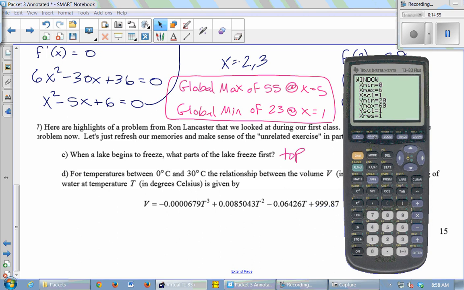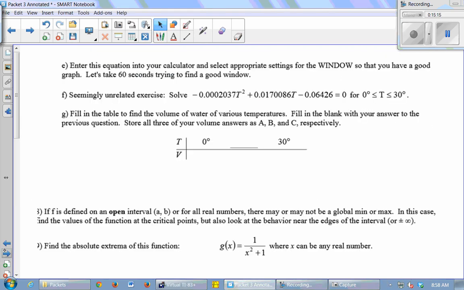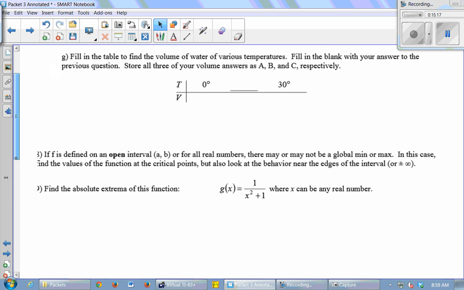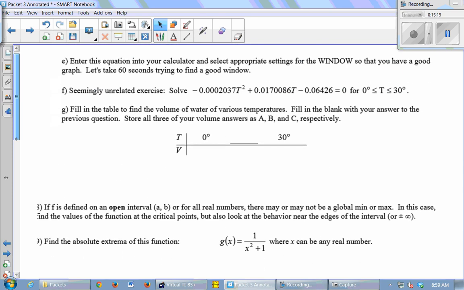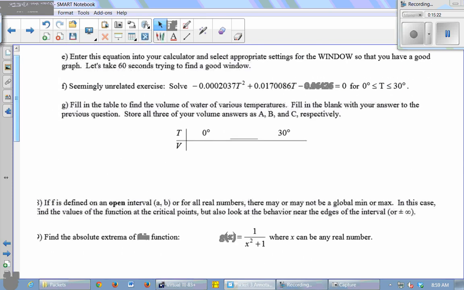Okay, so this is volume at given temperatures, and we're measuring temperature from 0 to 30. That's the domain of this function for volume, so I'm just going to go 0 to 30 for x. And then for volume, I'm going to use this little table to help me figure out some y values.